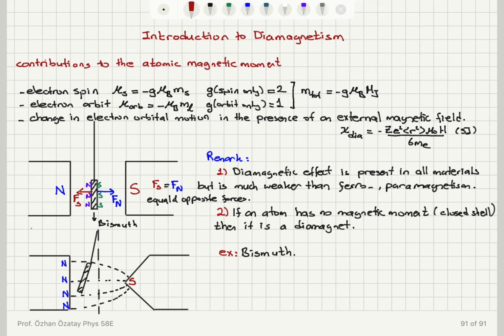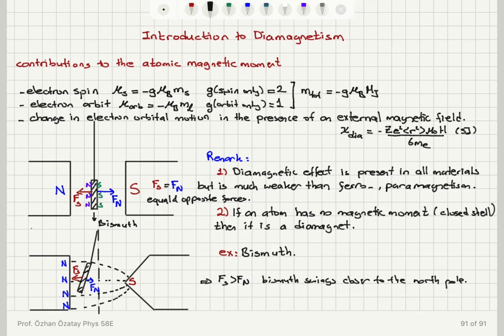So you will have the force due to the south pole dominating over the force due to the north pole. So you will see that in this case, Fs will be greater than Fn, and bismuth swings closer to the north pole of the electromagnet.